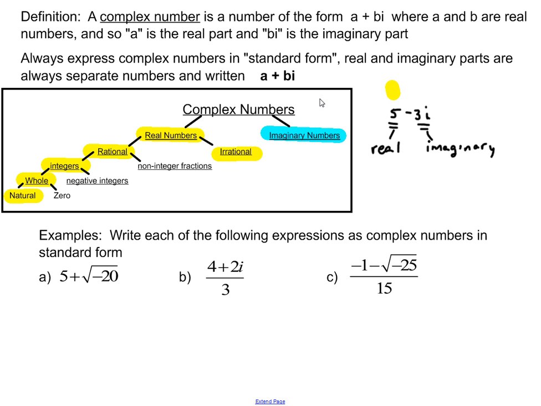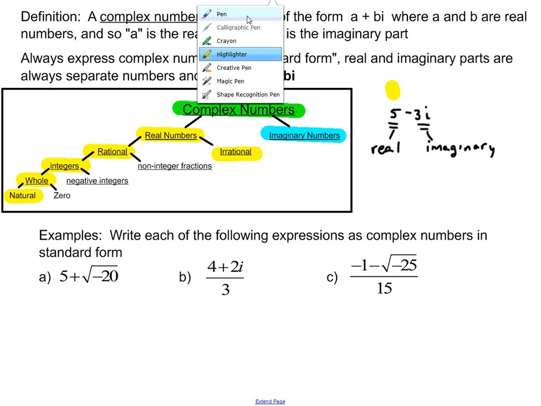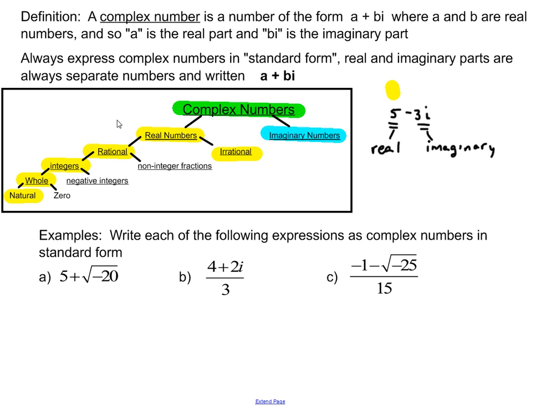Well, the so-called imaginary number is really just a type of number that involves i. And when we put them together, we get what's called the set of complex numbers. So complex numbers are actually a set that includes both real numbers and imaginary numbers. Some real numbers can be considered as complex numbers if we say, for example, the real number 3 is the same thing as 3 plus 0i.